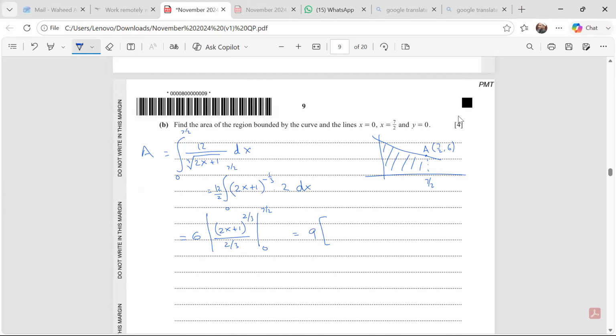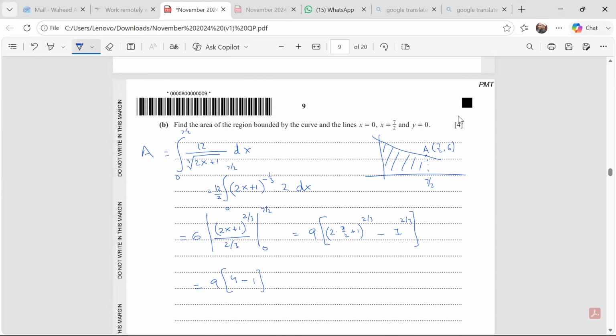When I put the upper limit, it becomes (2 times 7/2 plus 1) to the power 2/3, minus, when I put the lower limit 0, 1 to the power 2/3. Sorry, the 2 cancels: 7 plus 1 is 8, the cubic root of 8 is 2, and 2 squared is 4, minus 1.